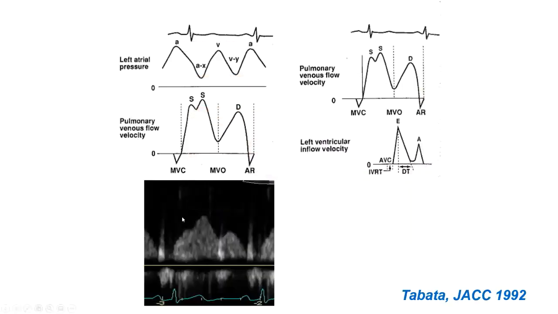Now, here's a more representative pulmonary venous flow again. S1 and S2 time out with ventricular systole, and this wave here, the D wave, times out with diastole, and they follow the descents, the X and Y descents.